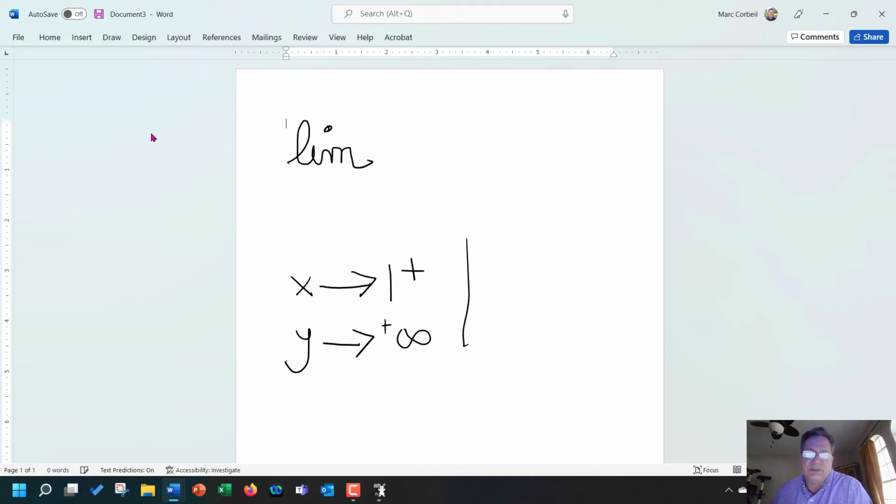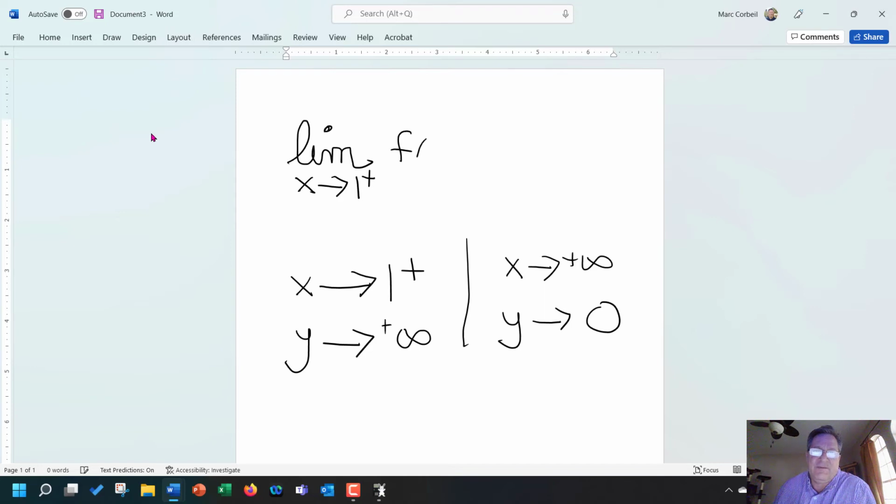And the other one, which was interesting, as x approached positive infinity, y goes to 0. So these two kinds of things we can actually express in the same way. We can actually say, for example, here, the limit as x goes to 1 of f of x, in this case, we can actually express that limit as plus infinity.